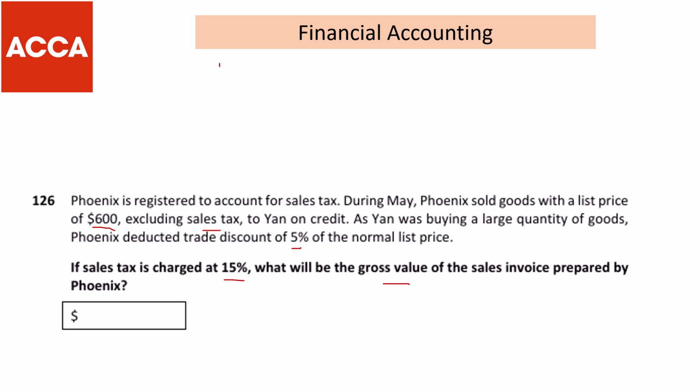However, because there is a trade discount, the value would be 0.95 multiplied by 600. If you do this, it comes to 570. So now you will add the sales tax of 15%.